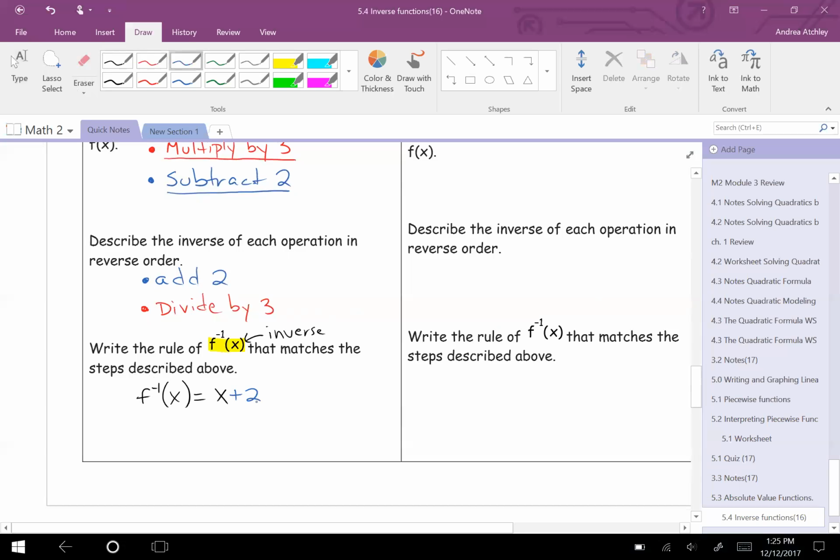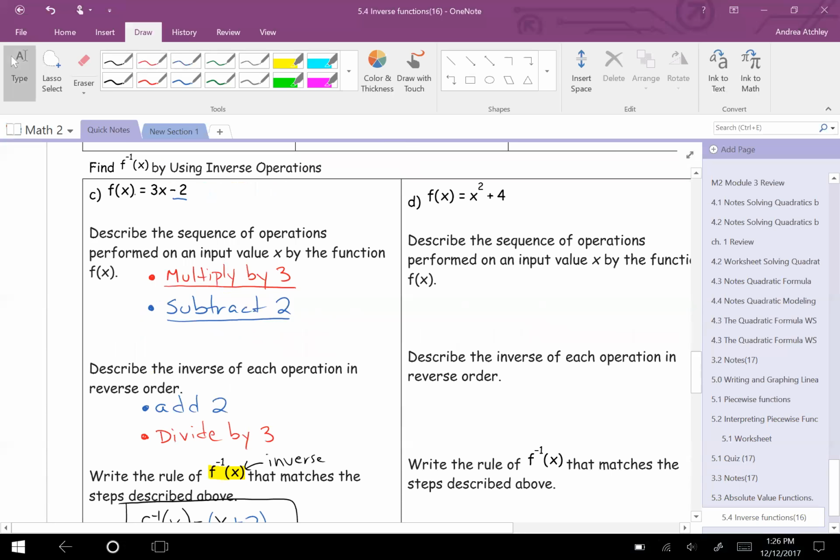To make sure that I know that that's the first thing I'm going to do, I'm going to put it in parentheses, because order of operations tells me that parentheses go first. So I want to make sure I know that I'm doing that first. The second thing I need to do now is divide by 3. So I'm going to divide that whole thing by 3. And now that's my inverse function. That would be the inverse of f(x) = 3x - 2. Any questions over that? Okay.